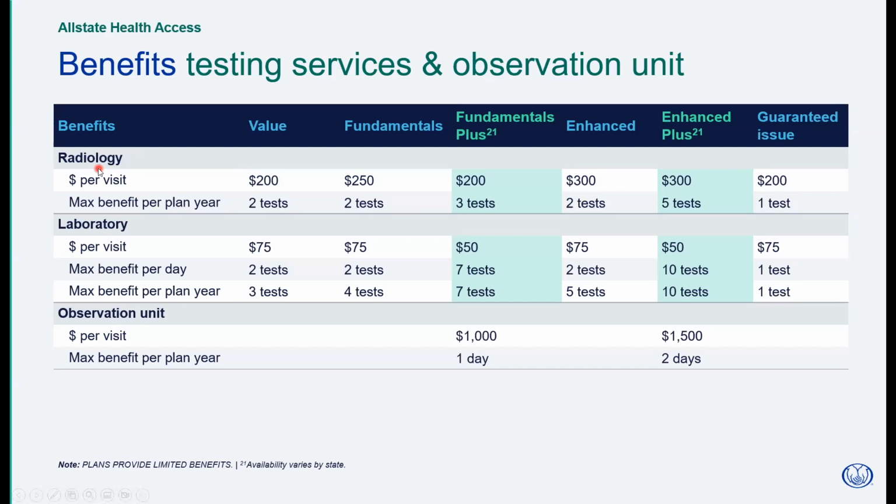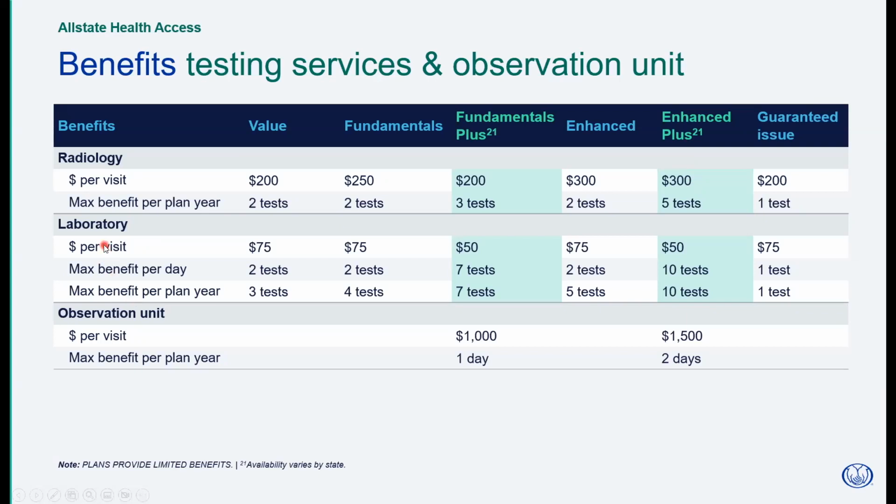So for radiology, we're looking at a per visit benefit ranging from $200 up to $300. The maximum benefit per plan year can be anywhere from 1 test up to 5 tests, depending on the level that is selected.